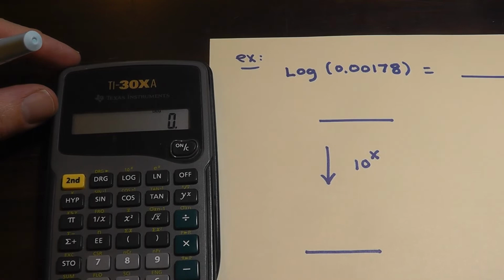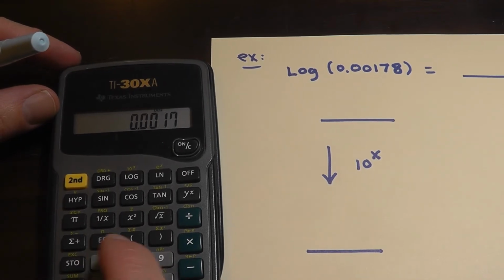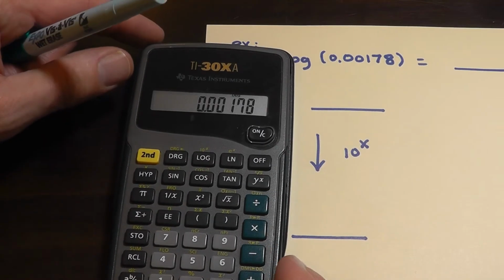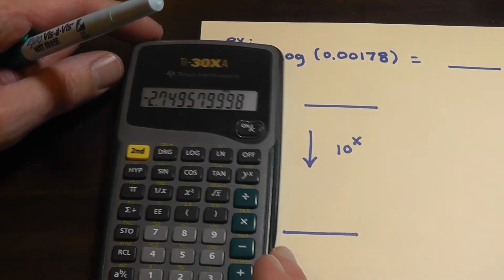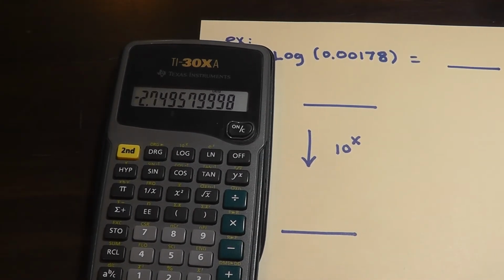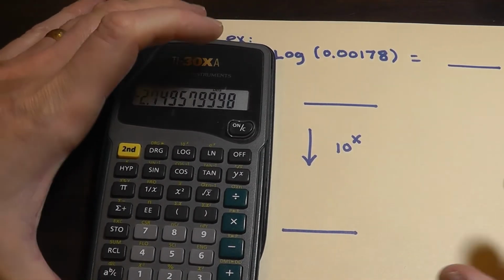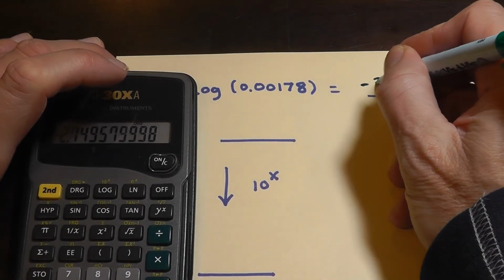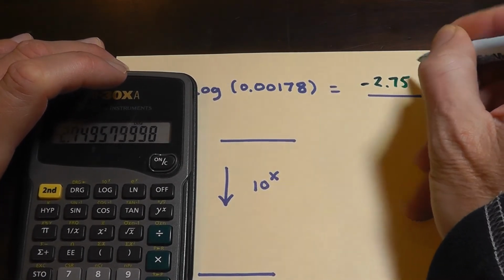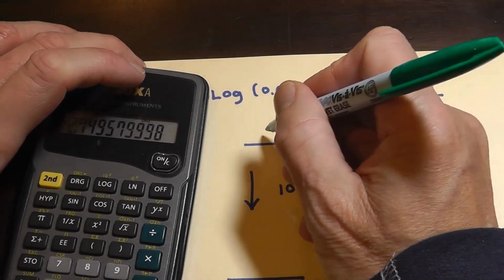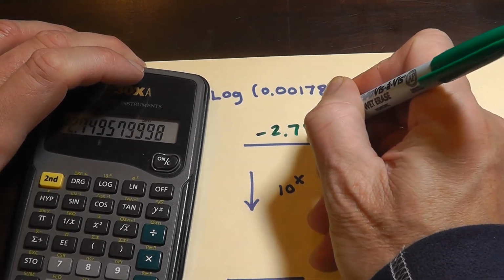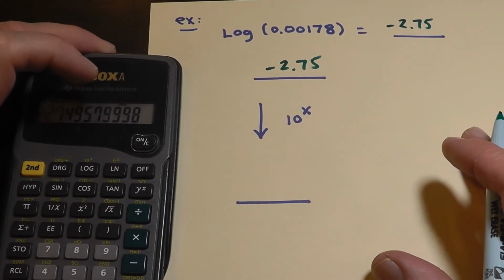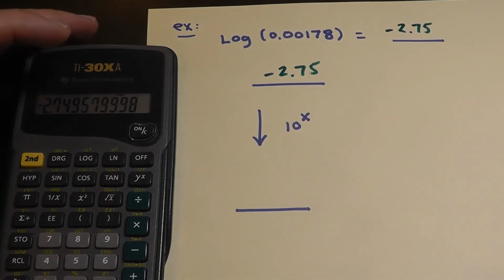So, okay, 0.00178, and then I just hit the log button, and I get minus 2.7495. Let's call that minus 2.75. Now, what happens if I take minus 2.75 and do 10 to the minus 2.75?